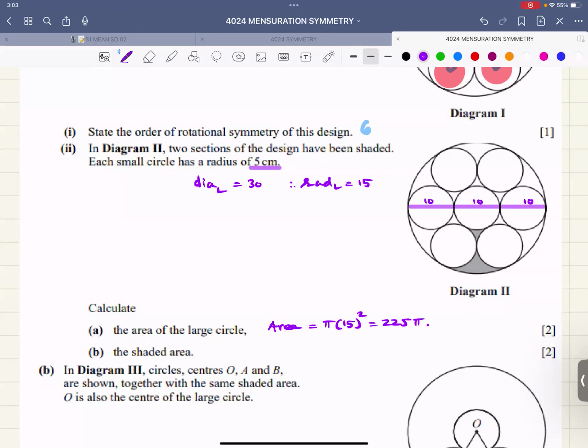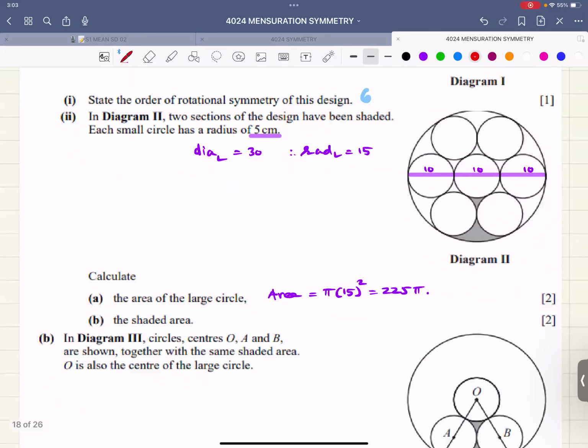The shaded area. Area of the small circle, that is pi into 5 square. That is 25 pi. There are 7 such circles. 7 into 25 pi comes out to be 175 pi. Therefore, the difference is 225 pi minus 175 pi.